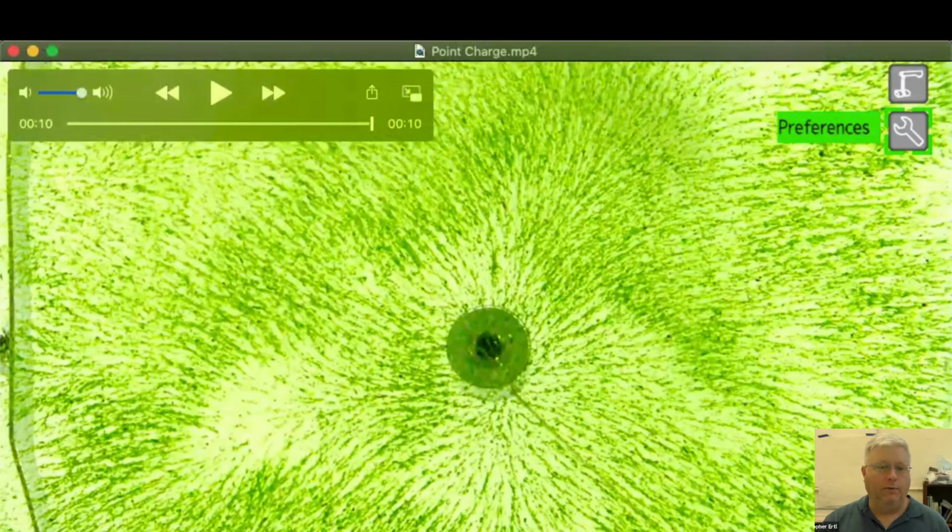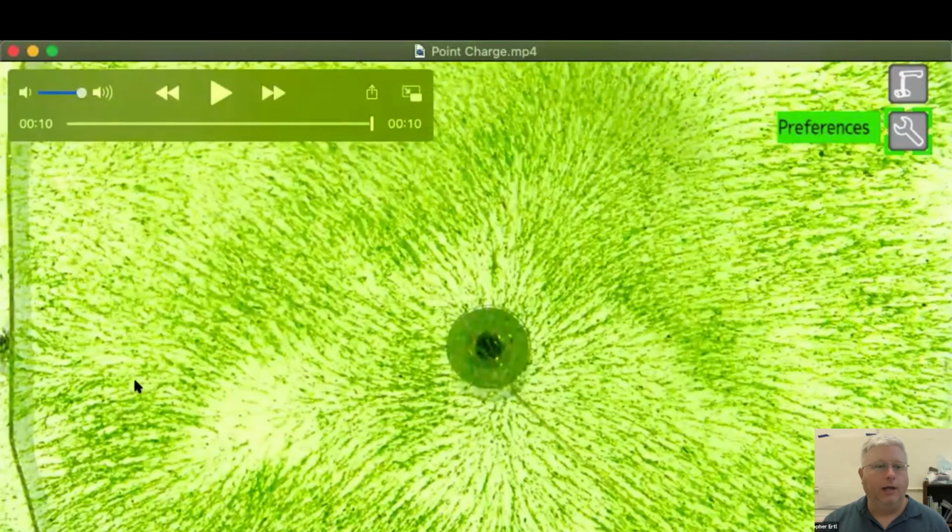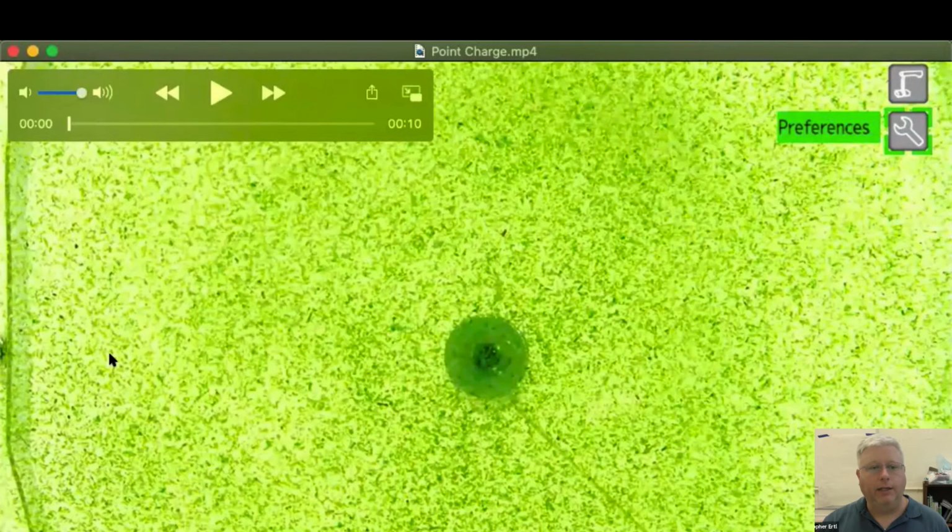I have a little charge generator, and I charge it up. On top of it, I've placed this little closed piece of acrylic that has some oil in it, and all these green things in the oil are grass seeds.